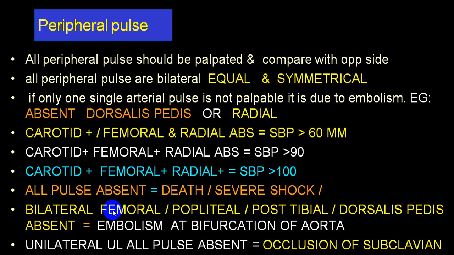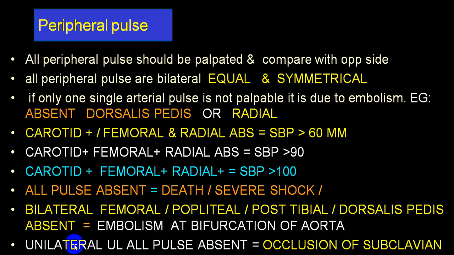If bilateral femoral, popliteal, posterior tibial, dorsalis pedis, all these pulses, we call these all peripheral pulses in the lower limb, are absent, meaning both lower limb pulses are absent, it is a classical example of an embolus, a big embolus at the bifurcation of the aorta.